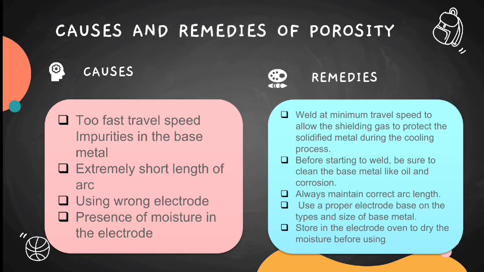Number 3, always maintain a correct arc length. Number 4, use a proper electrode based on the types and also the size of the base metal. And lastly, you have to store the electrode in an oven to dry the moisture before using it. So, that's all the causes and remedies of porosity.